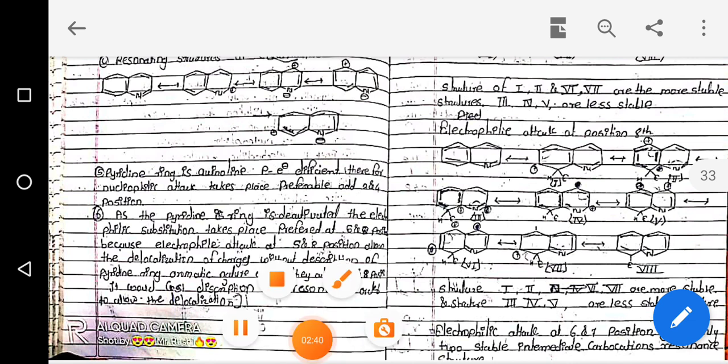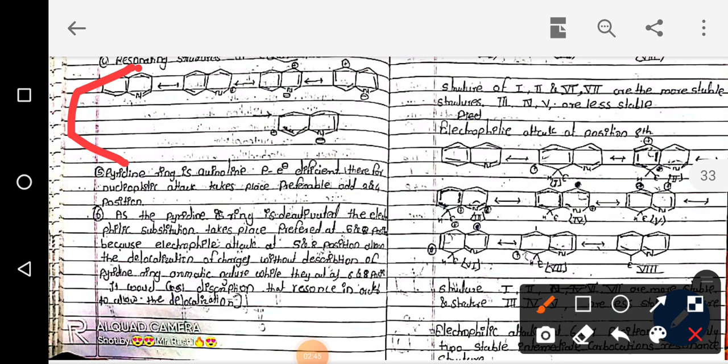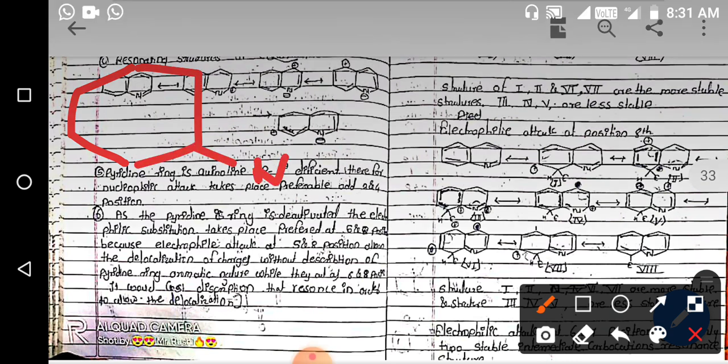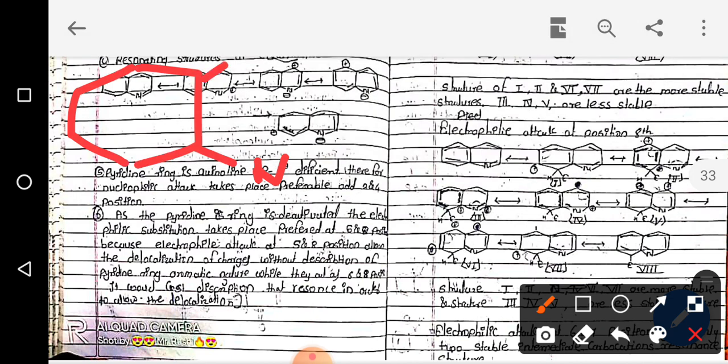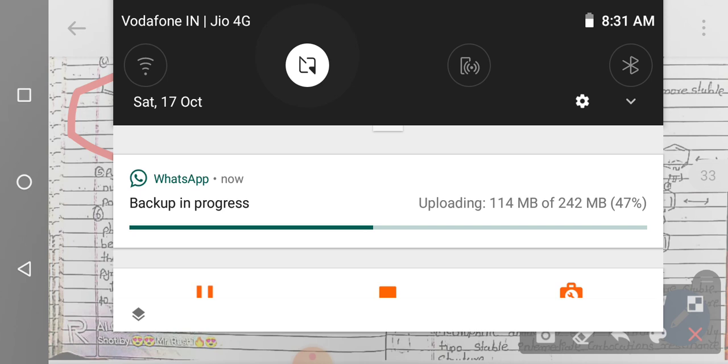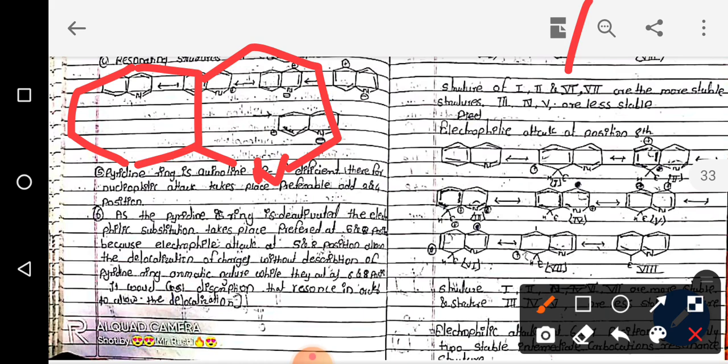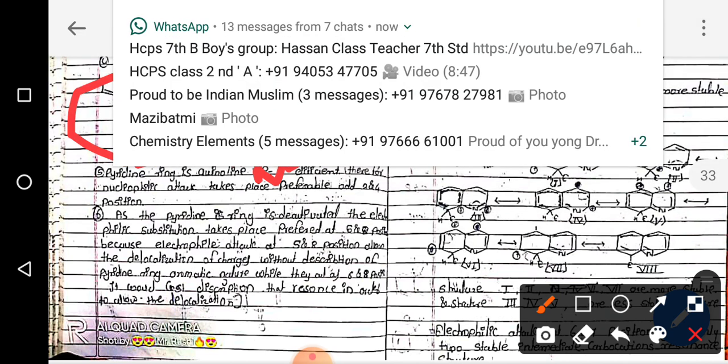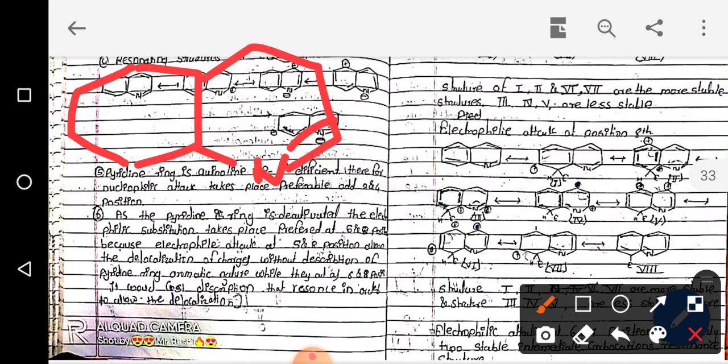So start drawing the first structure. In the first structure we are breaking this double bond, and after breaking this bond we get one part negative and one part positive, whichever it may be.